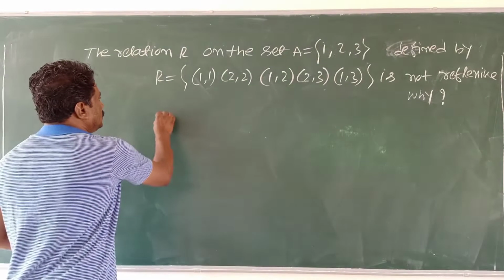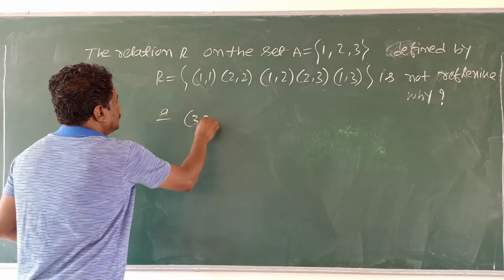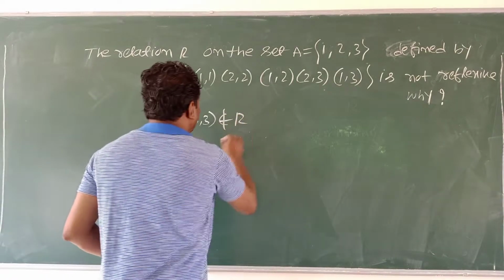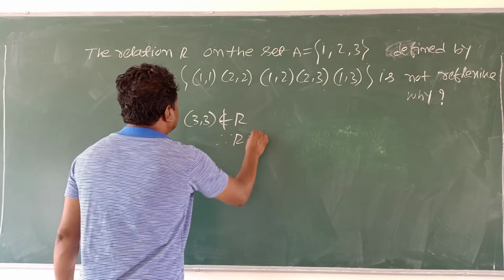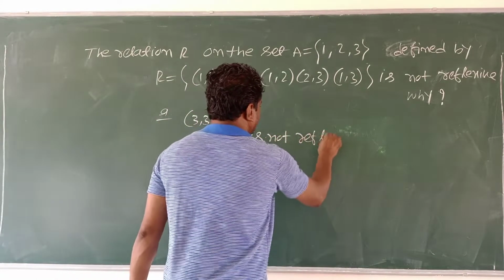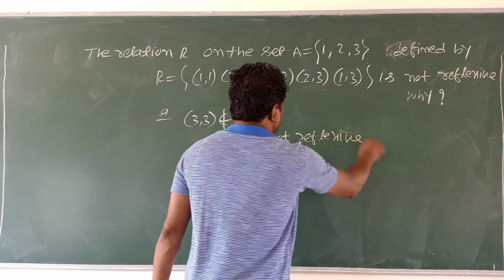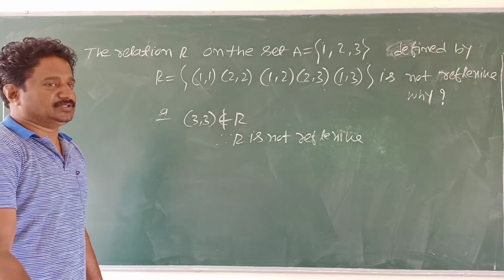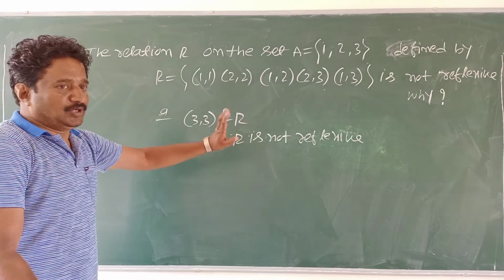So (3,3) does not belong to R. Therefore, R is not reflexive.